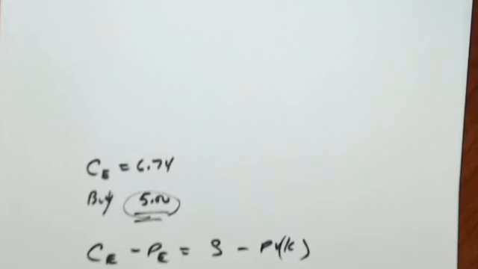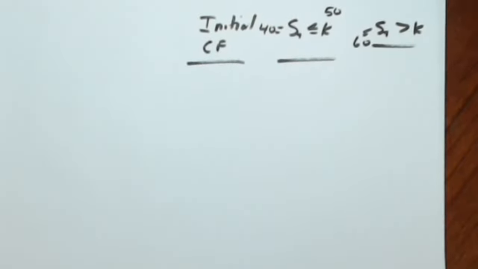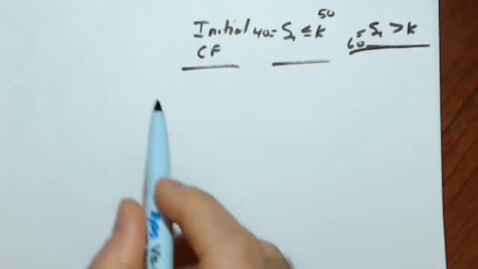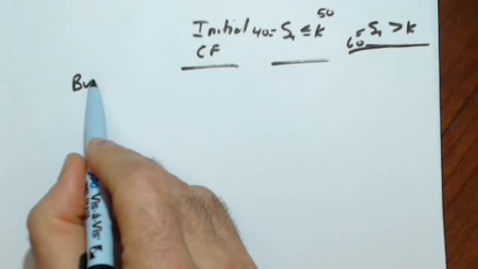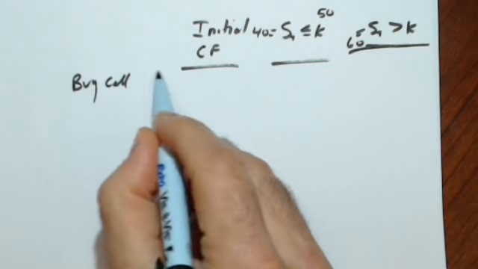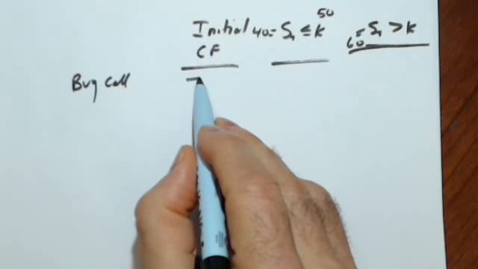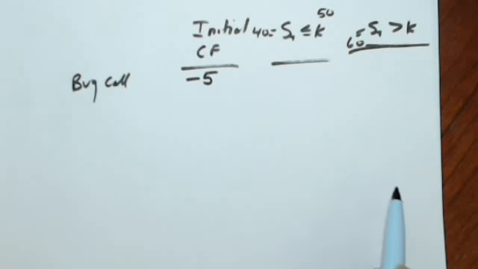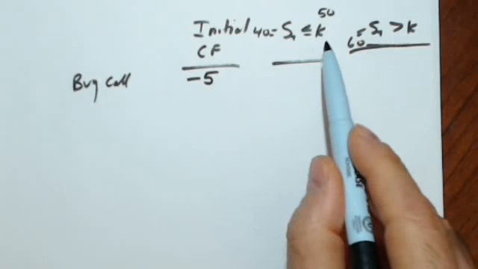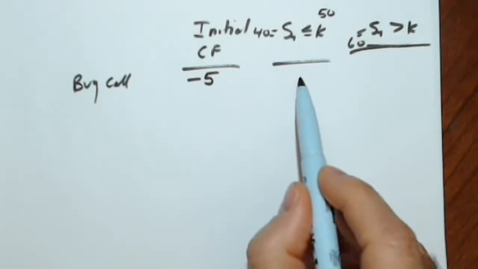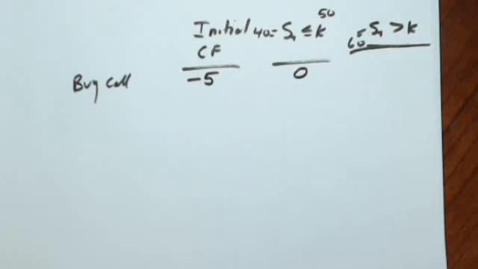Okay, so let's go back up here now to our table, given we know what we want to do. I want to buy the call, and we're going to put numbers in here. -5 is the call. When the stock is below the strike, the option's out of the money, and so the payoff is 0.